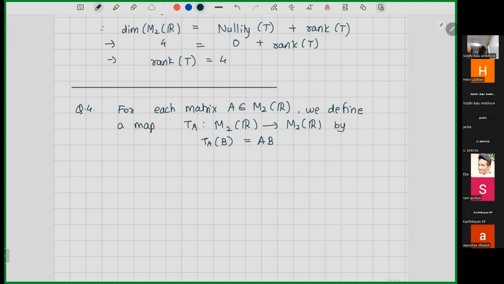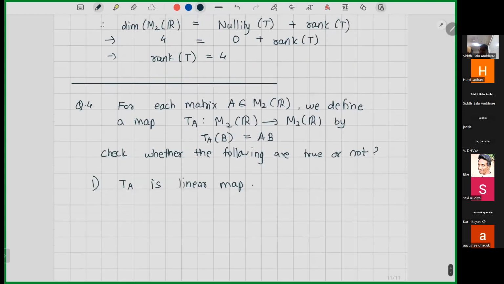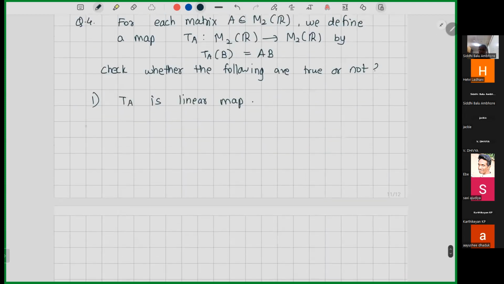Okay. So we want to check whether the following statements are true or not under this setup. First, they are asking to check whether TA is a linear map or not. When we say linear map, they are asking whether TA is a linear transformation or not.